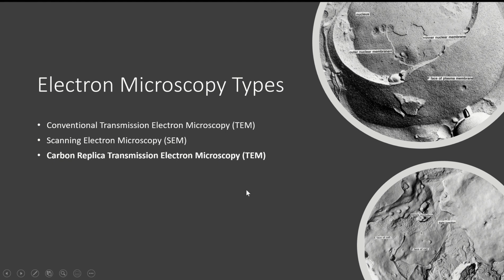It's like we're laying Play-Doh down on the surface of these cells. We're peeling it back, and then we're looking at that Play-Doh. Okay, we're looking at that carbon replica and seeing what we see. So you can see once we do that, it gives you a lot of surface details, right? So you can see this is the surface of the cell membrane, the plasma membrane of a lymphocyte.